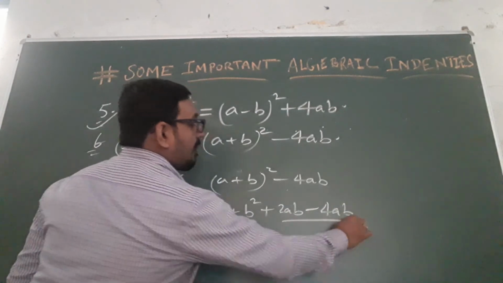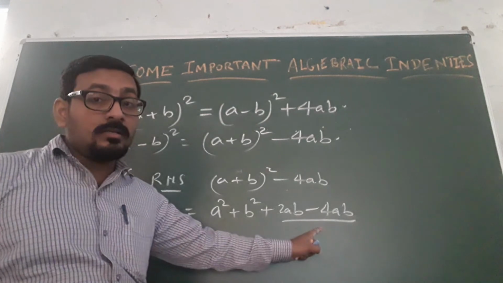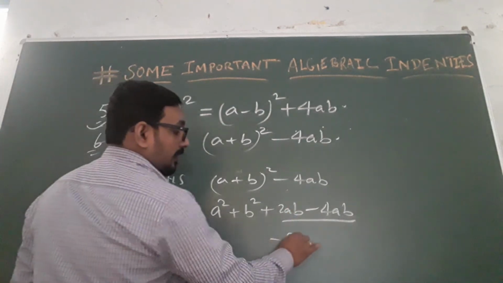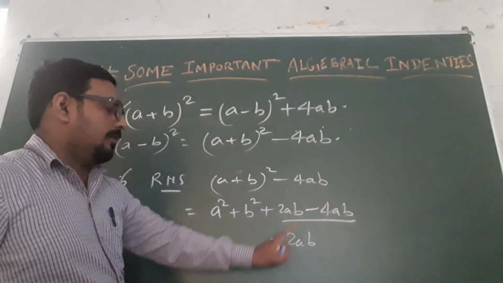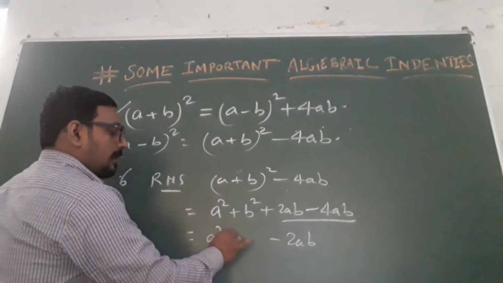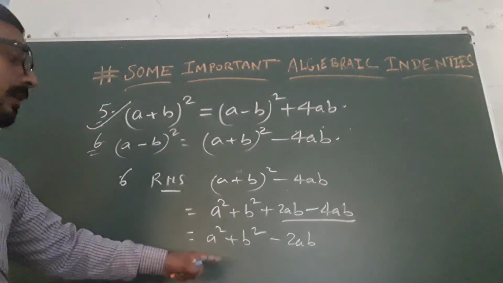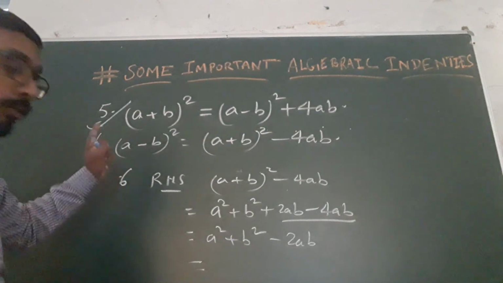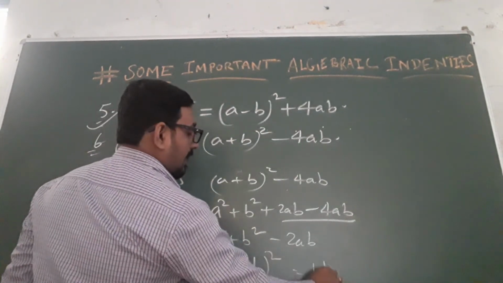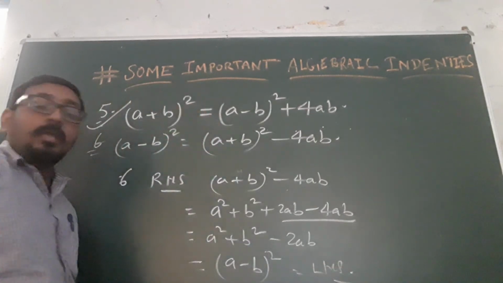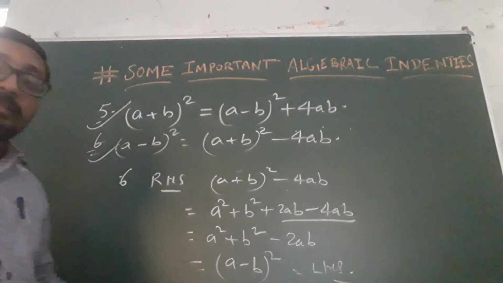These two are like terms with different signs, so the action is subtraction and the result is minus 2ab. Why minus 2ab? Because it is greater, so we use the sign of this one, minus, and we have a square plus b square, which is the result of a minus b whole square from formula number 2. So it is written as a minus b whole square. It is your LHS. We have more formulas also, so we will discuss them in the next video.